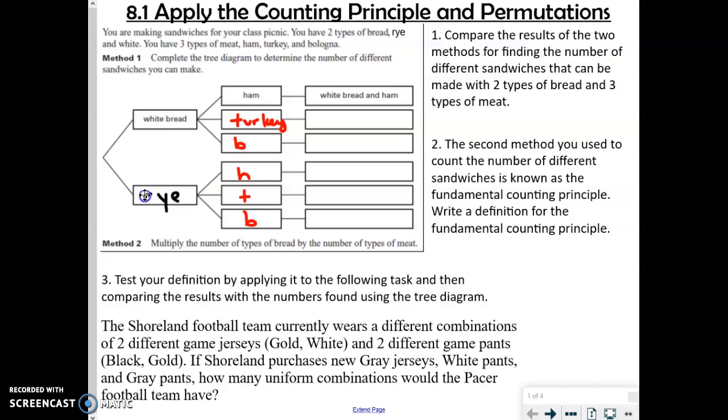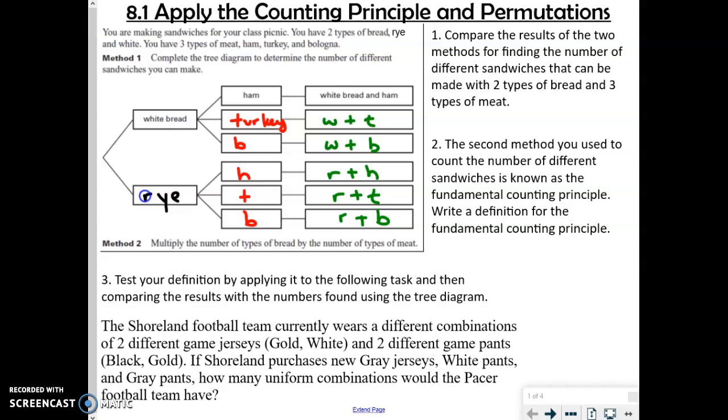The first one was white bread and ham, which gives us a white bread and ham sandwich. Then we have white and turkey, and white and bologna. Then down below we have rye and ham, rye and turkey, and rye and bologna. If we count the number of sandwiches, we would be left with 6 different combinations that you could eat.